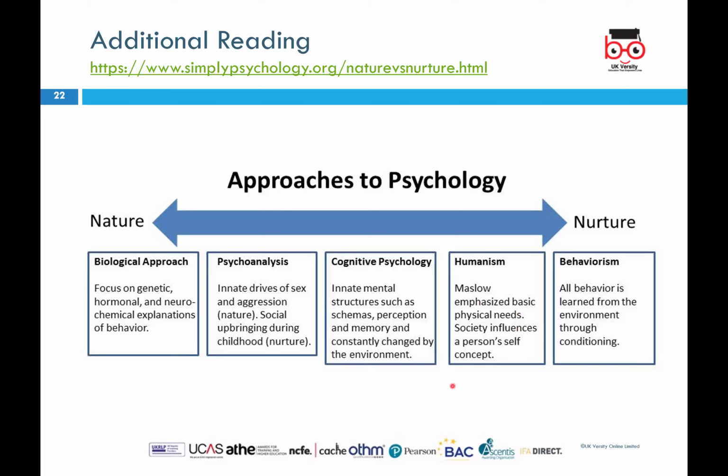And then there's nurture on the other extreme. This is behaviorism, and all behavior is learned from the environment through conditioning. So this says it doesn't have a genetic component, it is actually learned through the environment. So there are certain extremes when it comes to psychology.